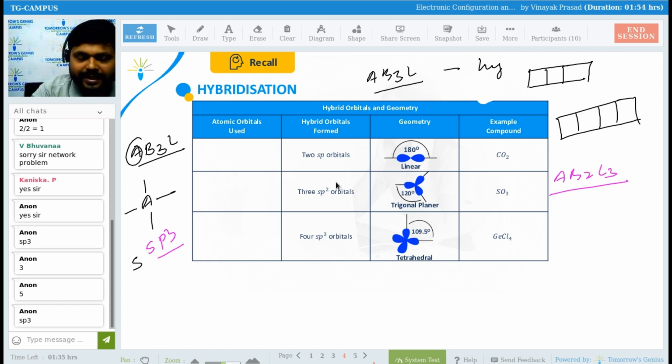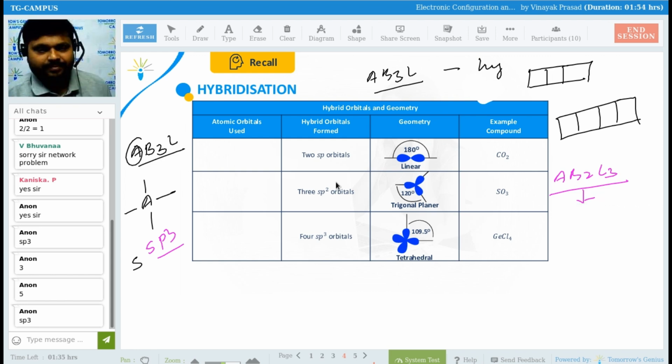If it is possible for you, write the geometry, and if possible the shape as well. If you are not knowing this, at least write the hybridization for this.